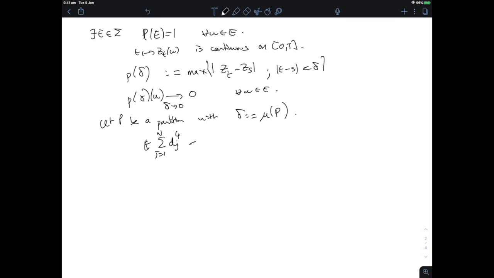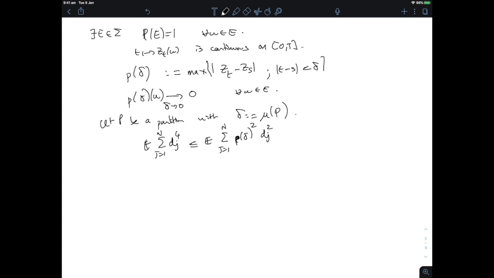I can certainly say that if the mesh size is delta, this is smaller than the expectation of the sum j equals 1 to n of P of delta squared times dj squared, because an increment will have to be smaller than P of delta, because delta is the maximum size of an increment between a tj and a tj minus 1, which is smaller than delta in distance, because the mesh of the partition is delta.